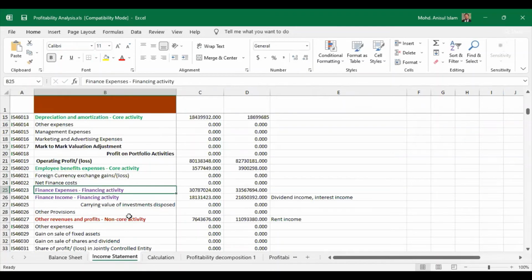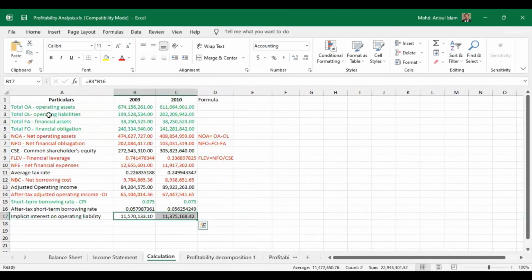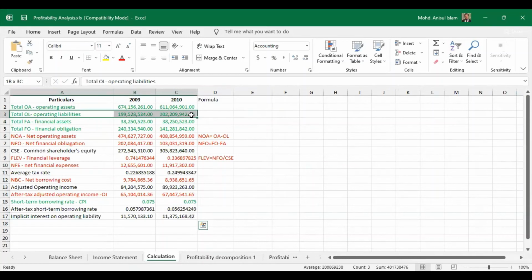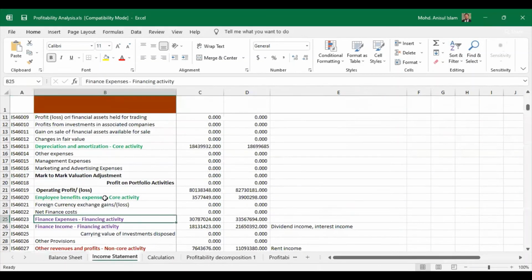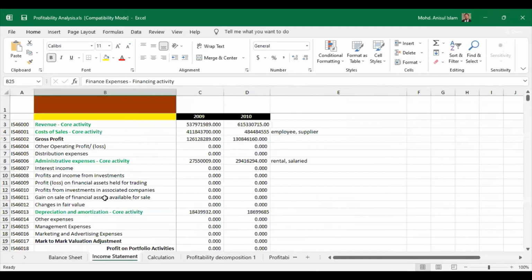But do you see any item in the income statement which directly indicates the cost of operating liabilities? The answer is no.